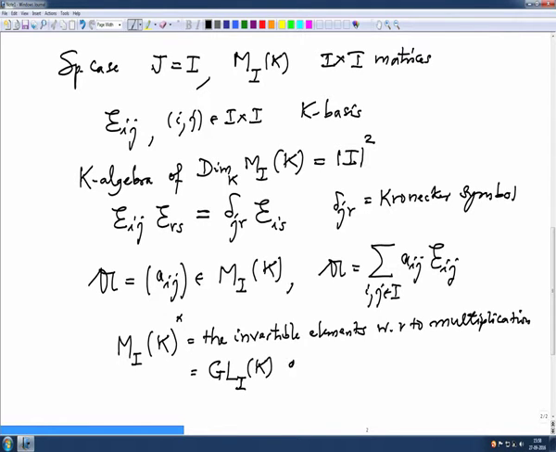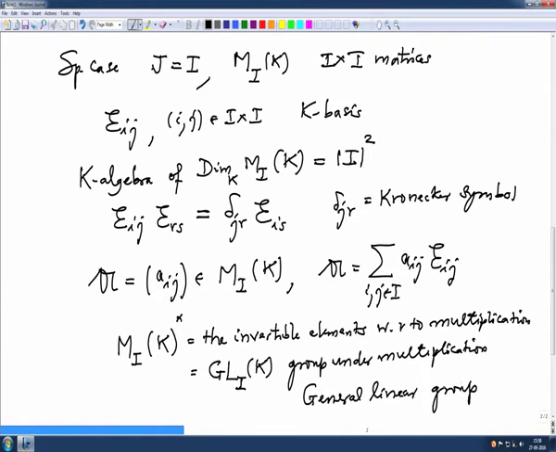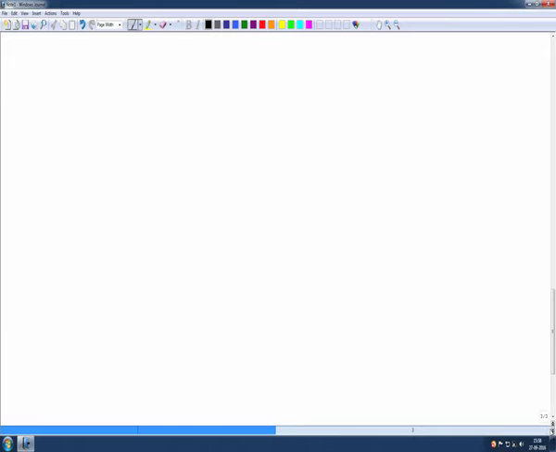This is a group under multiplication of matrices, and it is called the general linear group. Actually, this name is better if you look at it as endomorphisms, because that's a linear map, so this word linear comes from there.